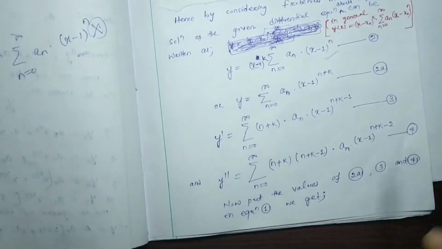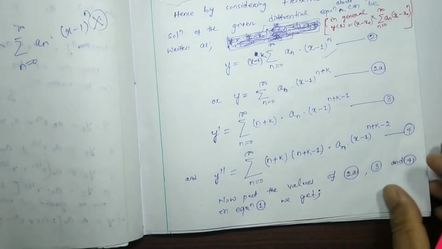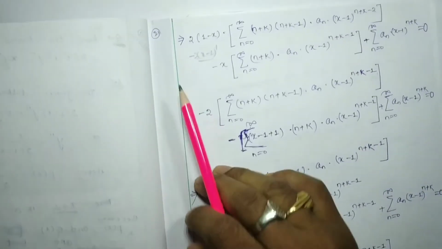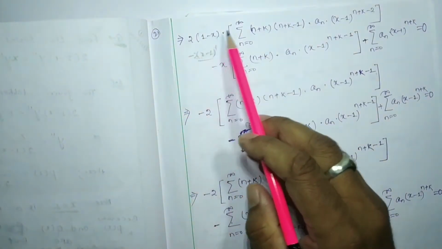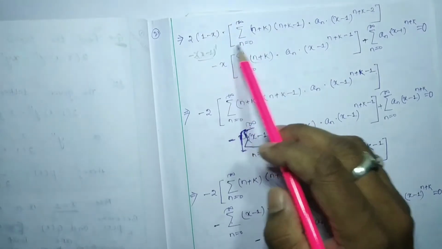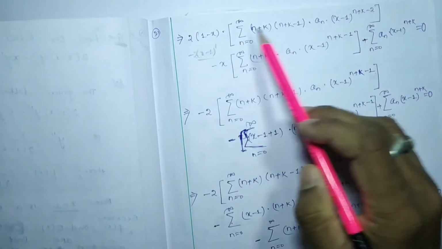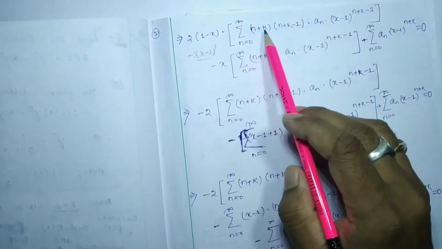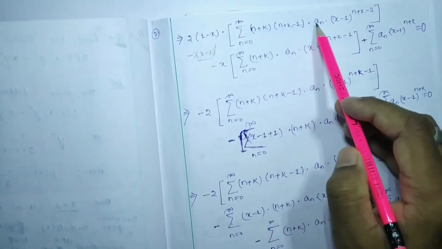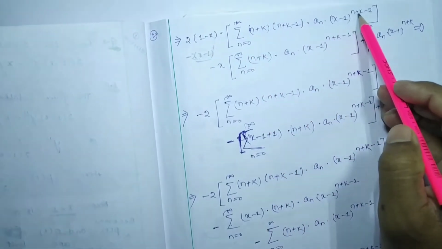So it is 2 into (1 minus x) into summation over n equal to 0 to infinity (n plus k) into (n plus k minus 1) into an (x minus 1) to the power n plus k minus 2.